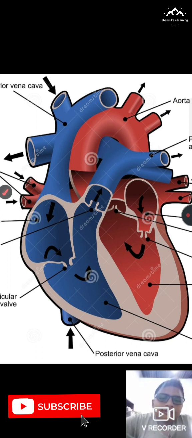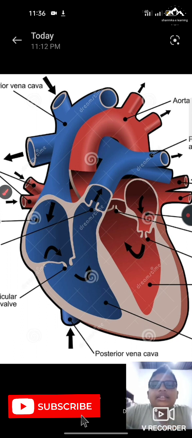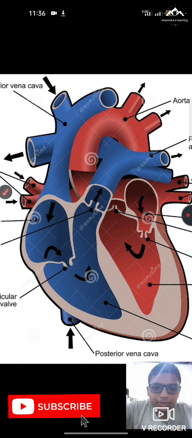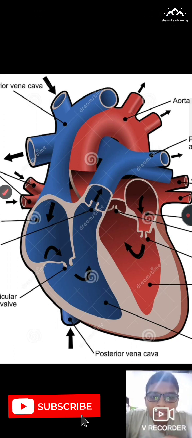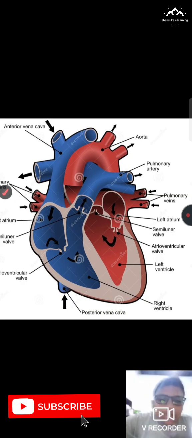The arteries are the blood vessels which take oxygenated blood from the heart to all the organs in our body. The main artery in our body is this aorta. Aorta is very important, and it divides into branches.